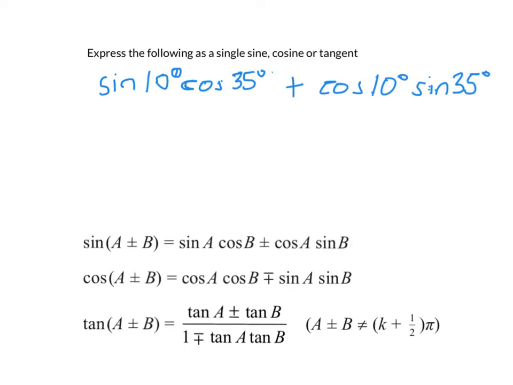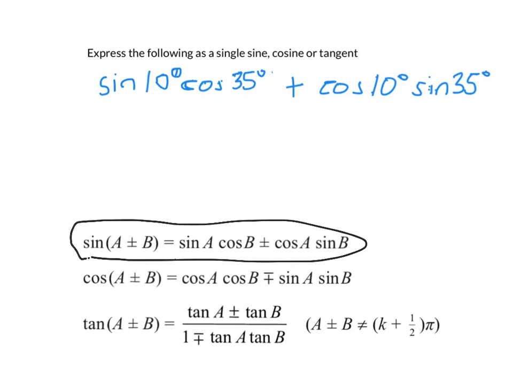If we look at this one, we've got sine 10 cos 35 plus cos 10 sine 35. I have to write that as a single sine, single cosine, or a single tangent. Hopefully you'll see that this one is relevant here. Sine A cos B plus cos A sine B. My A is 10 and my B is 35.